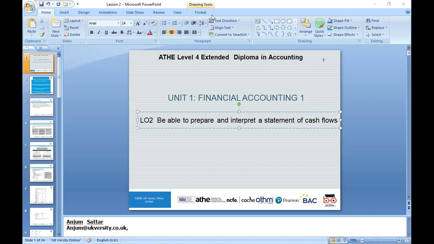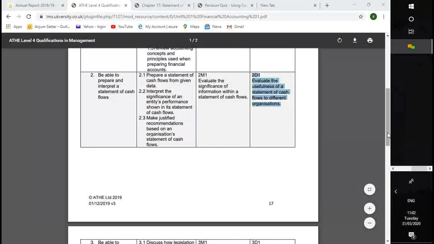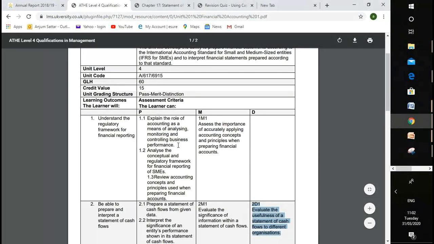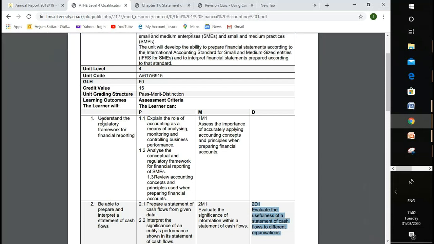Before starting our lesson, we'll recap what we learned during our last lesson, and check what we're supposed to learn in today's lesson as well. In the last lesson we covered LO1, understand the regulatory framework for financial reporting, where we discussed different international accounting standards. I mentioned IAS 1, International Accounting Standard 1, which helps in the preparation and presentation of financial statements. We discussed the statement of comprehensive income, also known as the profit and loss.